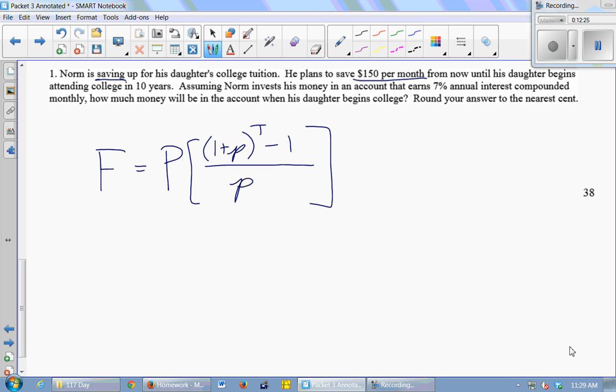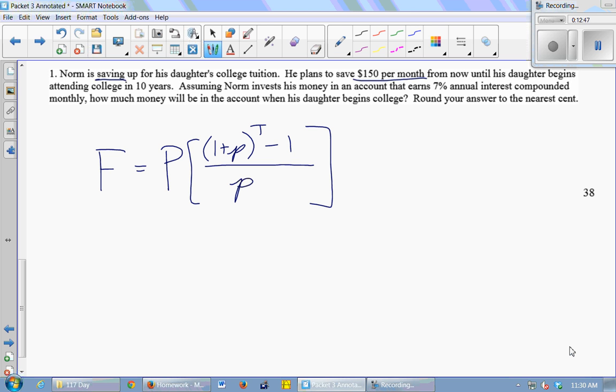Okay, so 10 years. $150 per month. He's going to earn 7% annual interest compounded monthly.